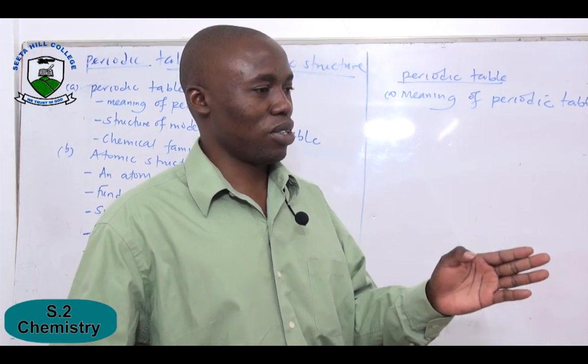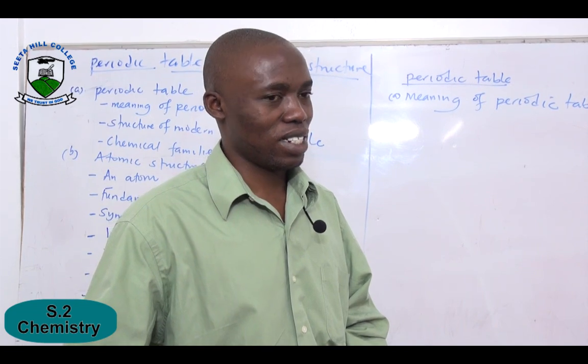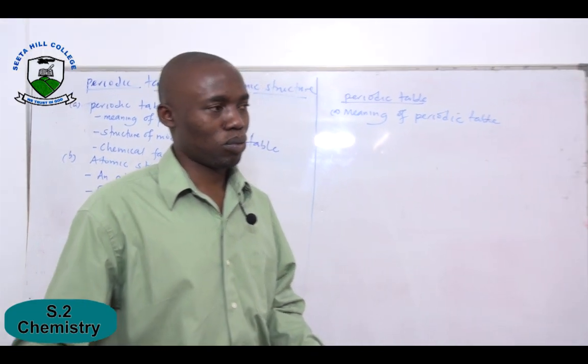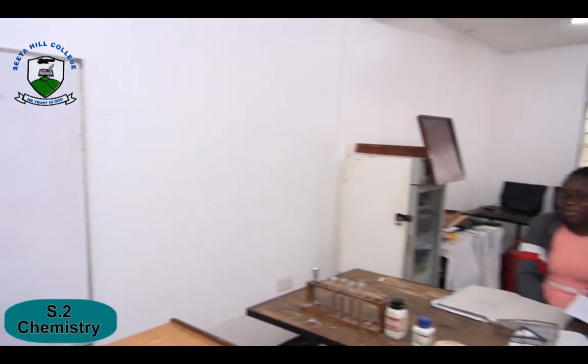Our cupboard at home, we can arrange it, like for example, the cups, maybe according to the color, the nature, and so on. Then the glasses, we can arrange them according to their structure.